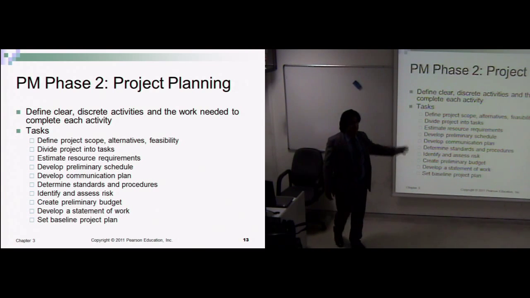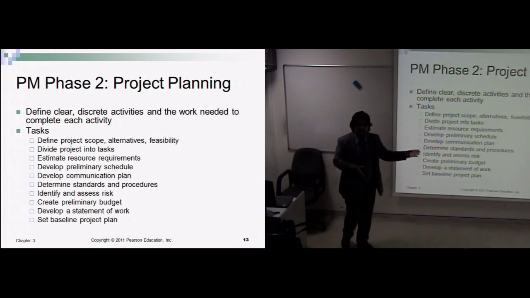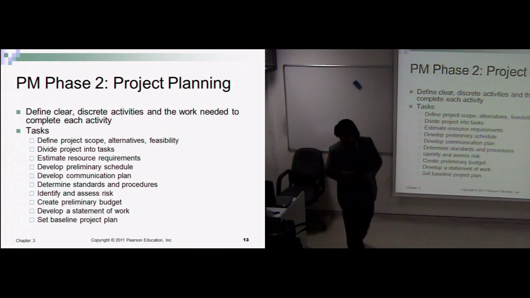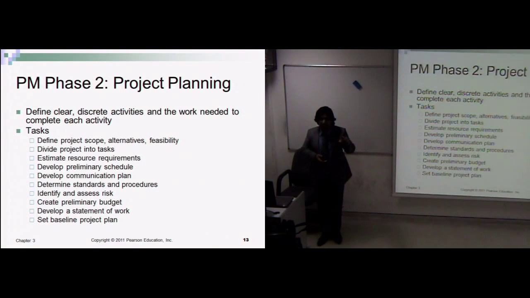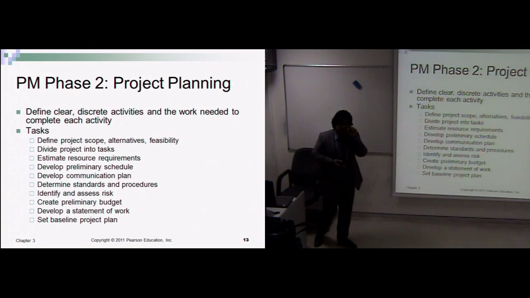Once all these things are considered, and these are not limited to only these activities or tasks, when you plan as a project manager, you might look at a project from different perspectives. You may consider any other thing which is not described here. As a project manager, this is your responsibility.